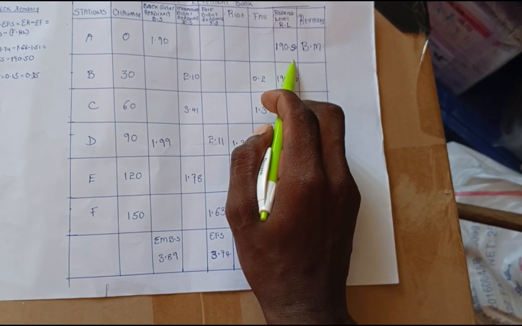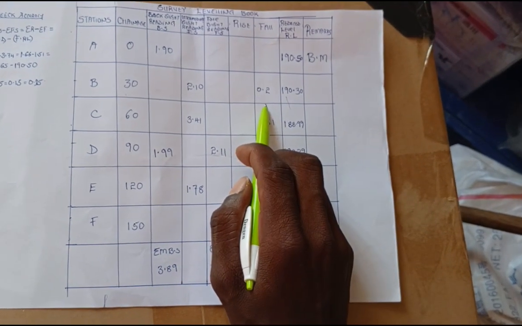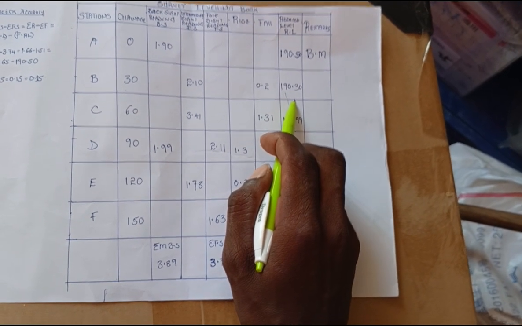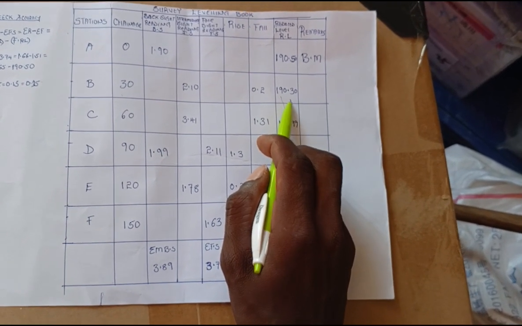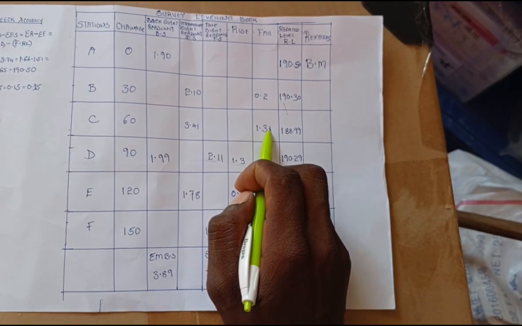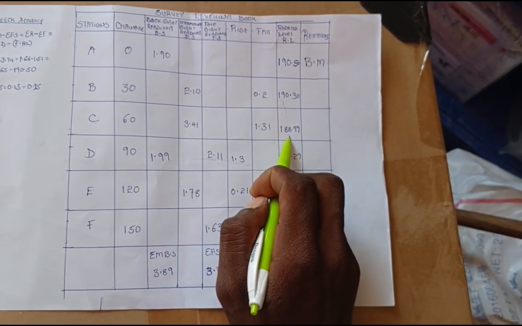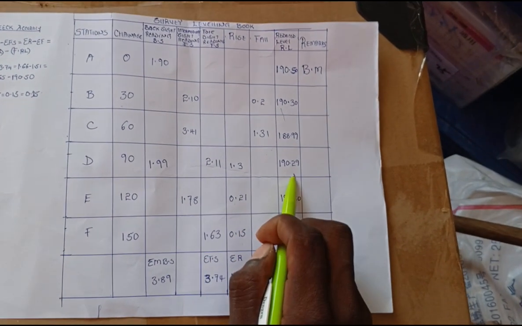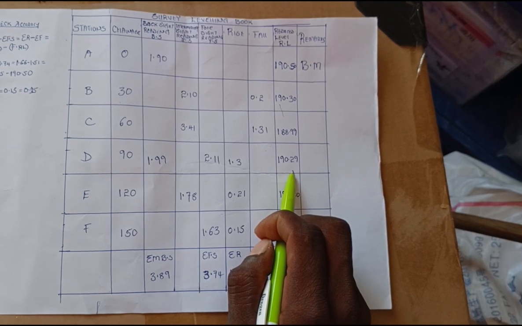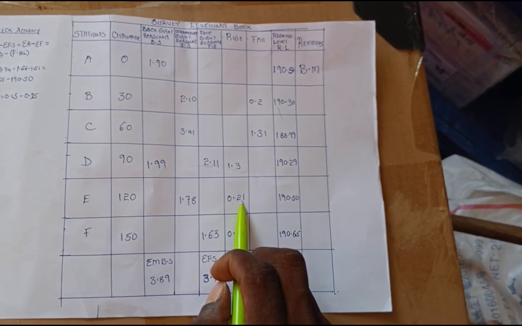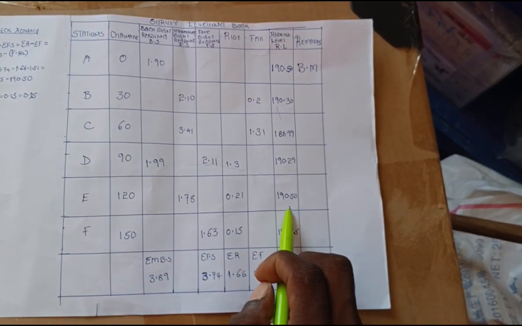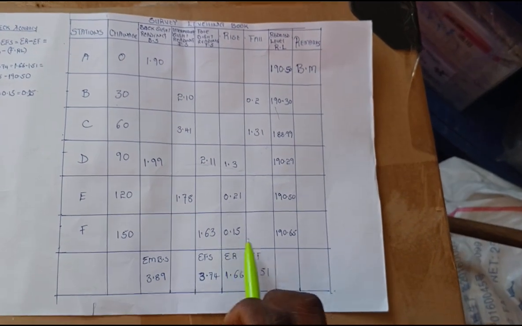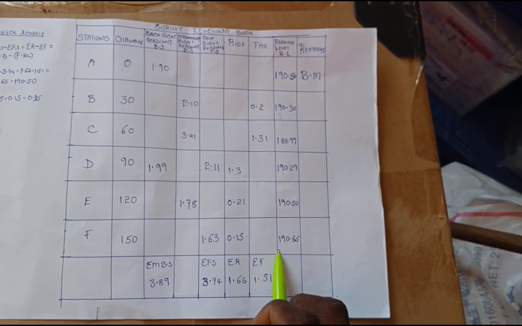Since it was a negative, you subtract, you get your reduced level of point B. Then after that, you subtract from this, since it was a negative, you get the reduced level of point C. Then you add, since this was a positive, you get the reduced level of point D. Then you add again, since it was a positive, you get the reduced level of point E. You add again 0.15 to get the reduced level of point F.